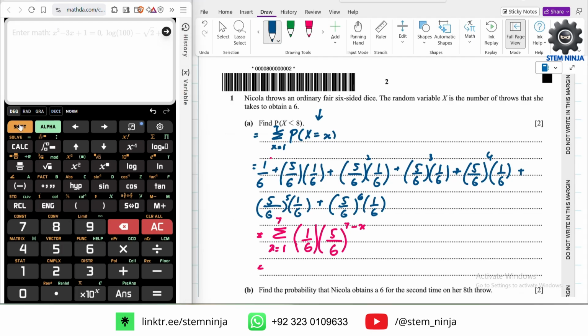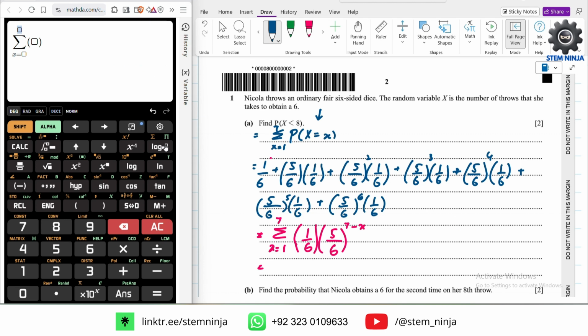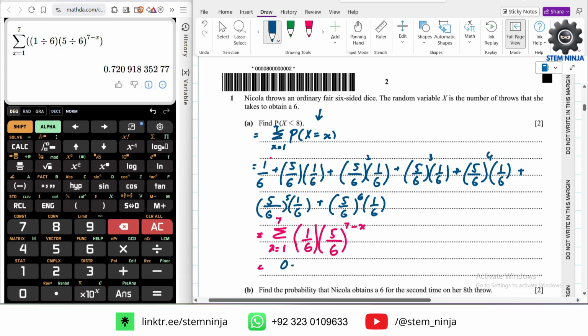Let's type it into the calculator. Sigma notation from x equals 1 to 7, you have 1 divided by 6, then 5 divided by 6 raised to power 7 minus x. So you get 0.721, to 3 significant figures.